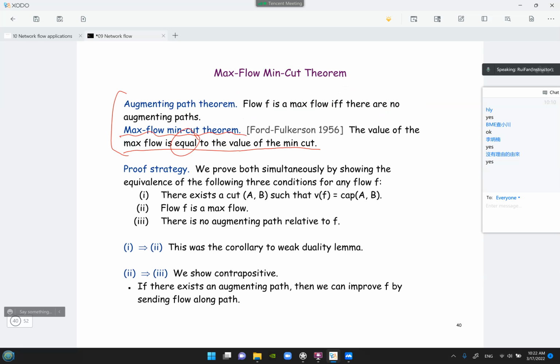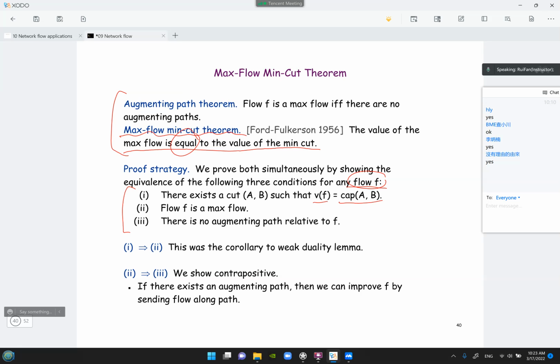Now the way we're going to prove this is with three statements. Suppose you have any flow F. We're going to show all three statements are equivalent to each other. The first statement is that you can find a cut AB such that the amount of flow is equal to the capacity of that cut.